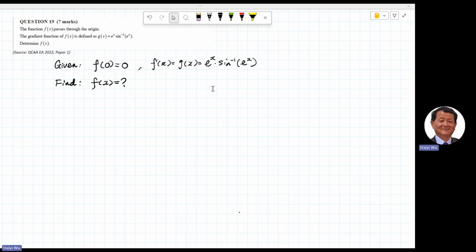Today we're going to solve a question involving integration by parts and substitution methods. This is a complex, unfamiliar question.